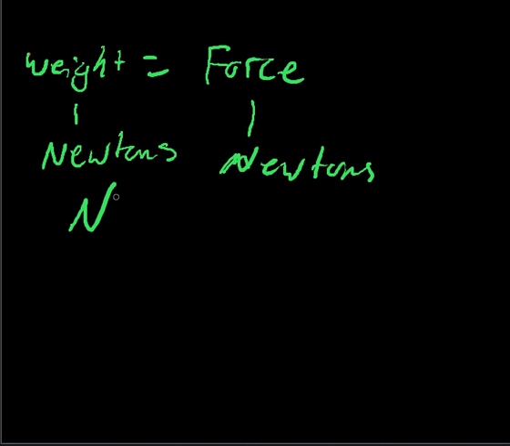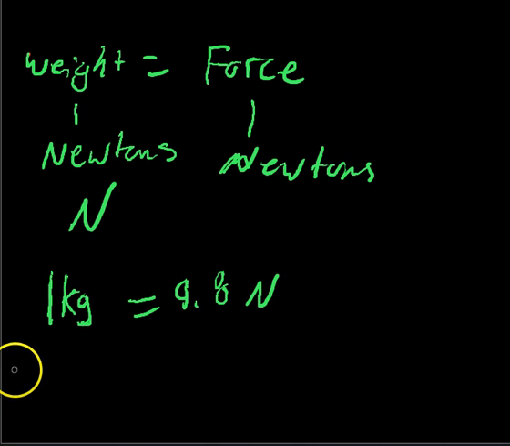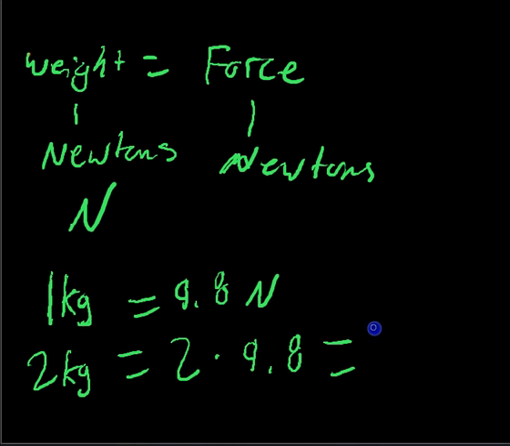And so basically, let's say this is 1 kilogram, I think they give an example in the book, it's a bag of nails. 1 kilogram is equal to 9.8 newtons, or N. So you could just do that conversion factor. If you have 2 kilograms, it would be 2 times 9.8, which is 19.6, I think.